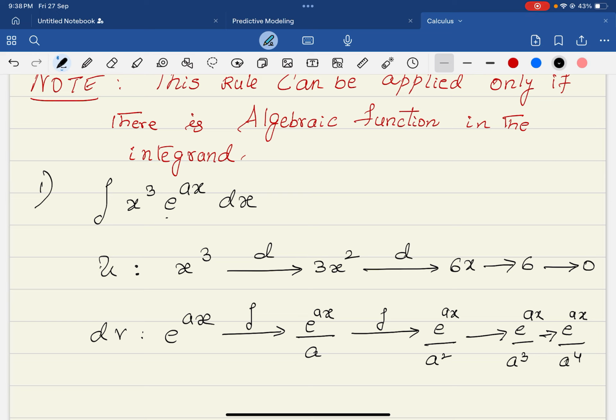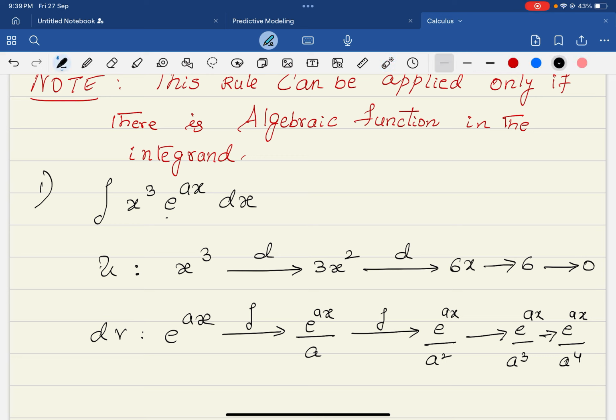Now you can extend, but when you have 0 on the top, you have to stop the process of continuing the integration. I hope you could understand. Whenever there is 0 on the top, you should stop integrating. So successive integration will be stopped when there is 0 on the top.